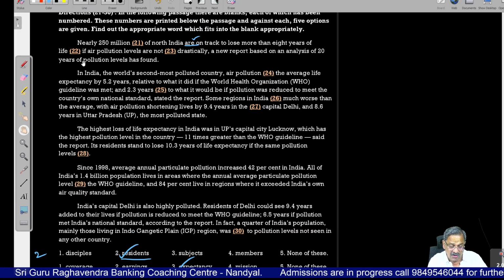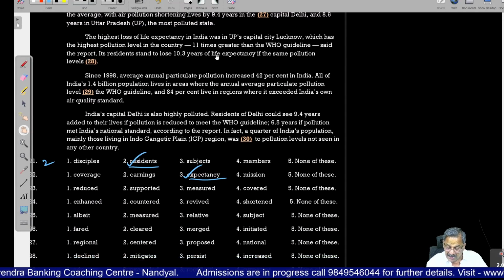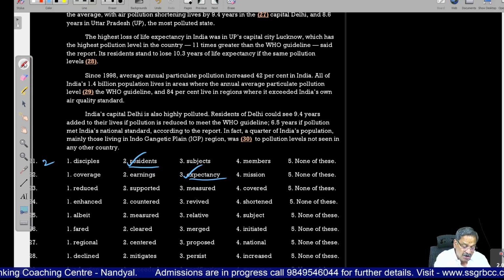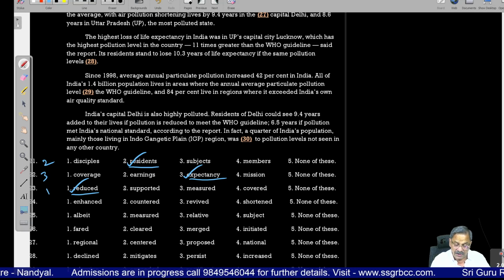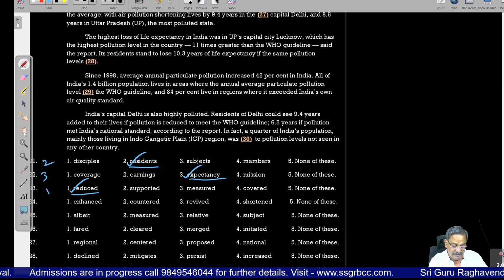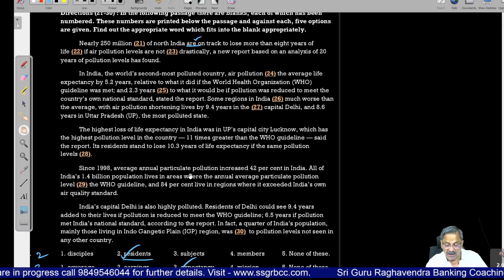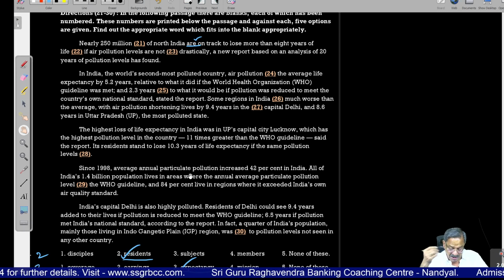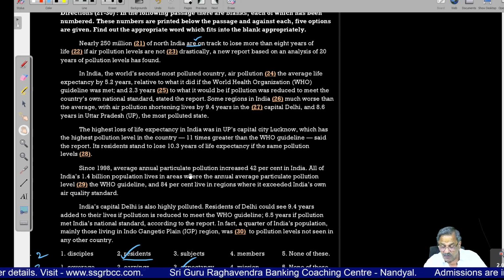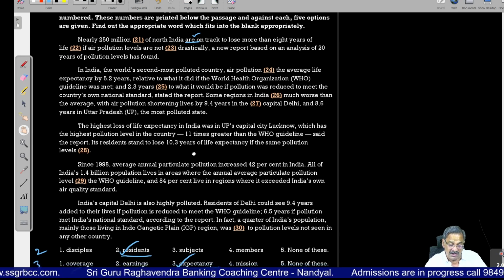Life expectancy if air pollution levels are not dash, not measured, not covered, not reduced. So nearly 250 million residents of North India are on track to lose more than 8 years of life expectancy if air pollution levels are not reduced drastically. A new report based on analysis of 20 years of pollution levels has found.